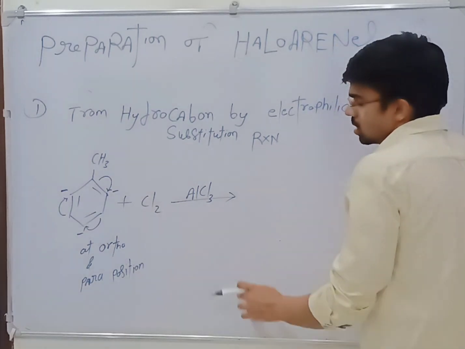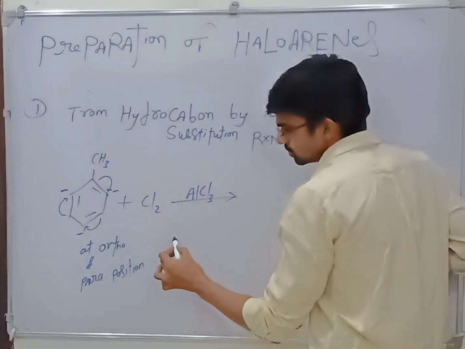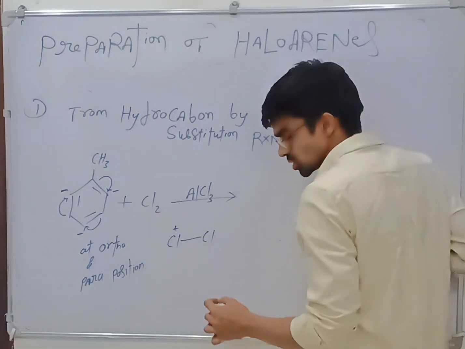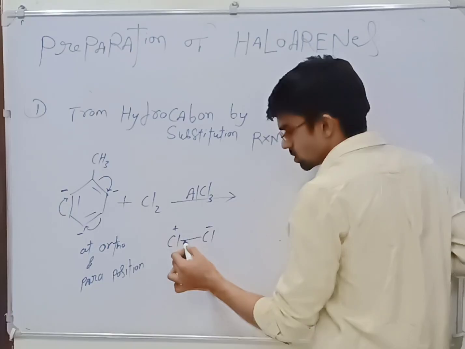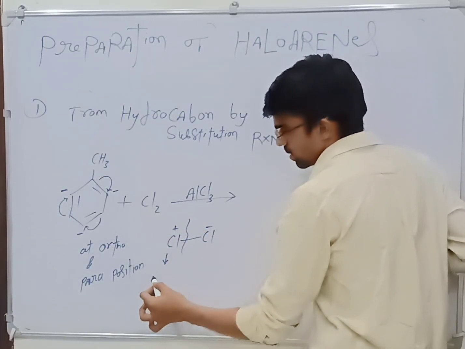Alright, see here. Why do we use the aluminium chloride? We are having the chlorine. When the chlorine breaks, one chlorine will break as a positive charge, one chlorine as a negative charge. It will form an electrophile.